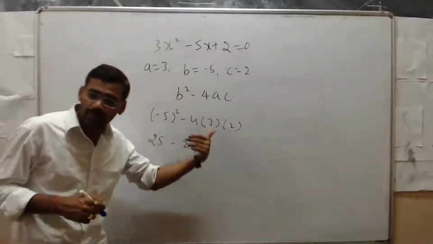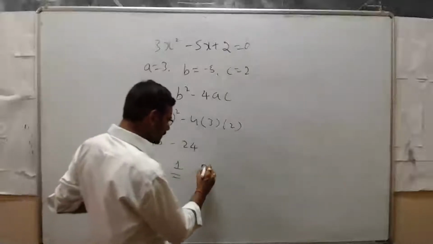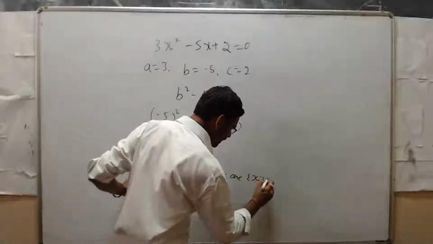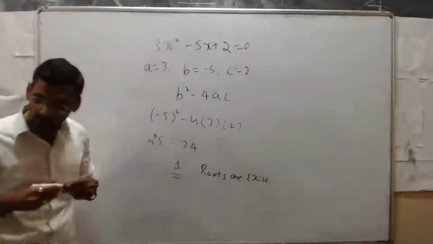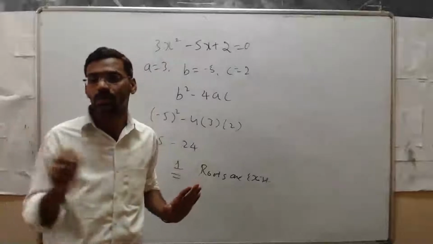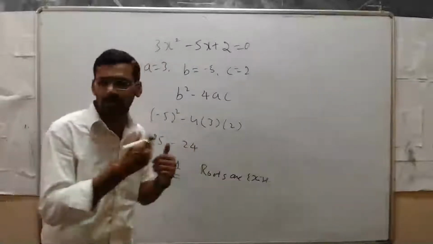If b square minus 4ac is positive, roots exist. If the value is negative, roots do not exist.